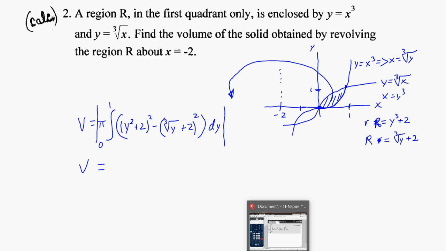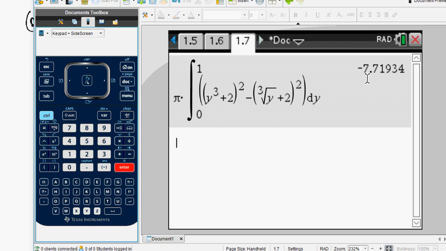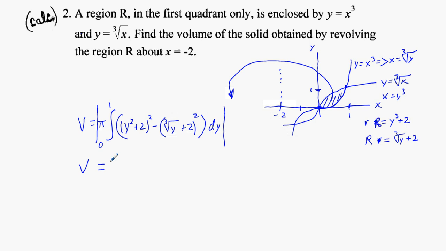And so instead of negative 7.719, it's going to be positive 7.719. So this really was a mistake that I made in getting our radii reversed, but using this absolute value trick, we were able to fix that quite handily. So I hope that's helpful to you.